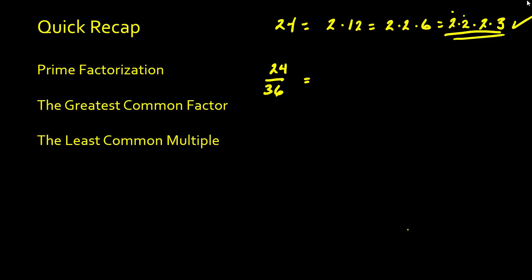We already have 24, and we know that that is 2 times 2 times 2 times 3. Now we'll do 36. We know that 36 is an even number because the number in the ones place is an even number. So that's going to be 2 times 18.